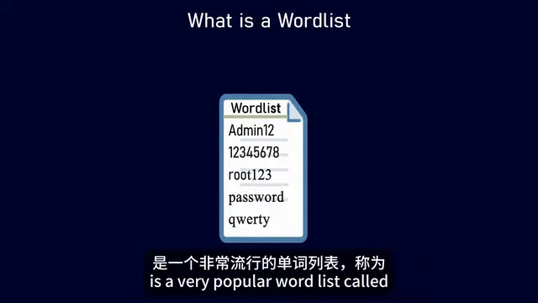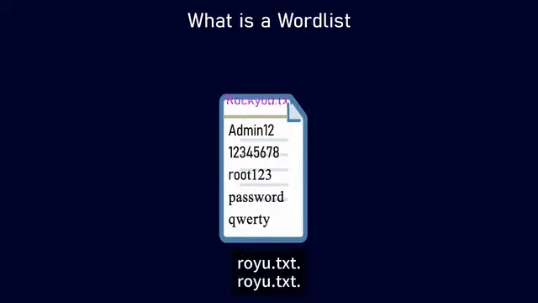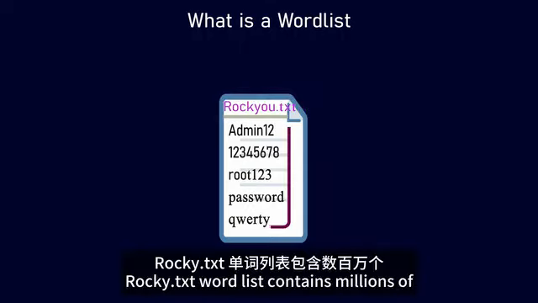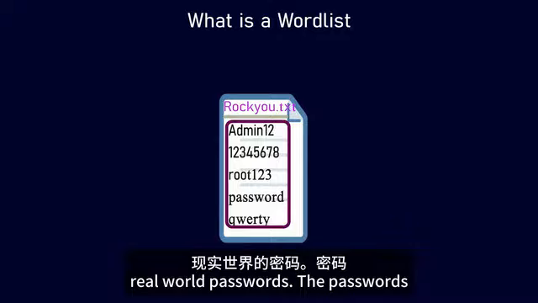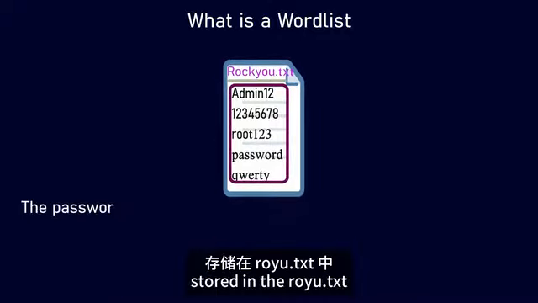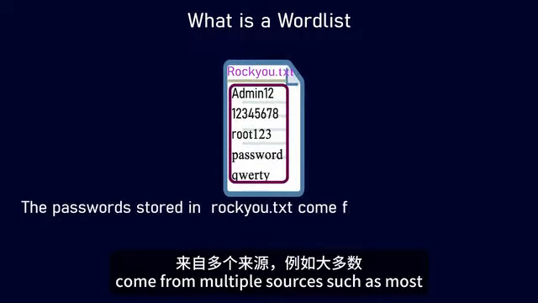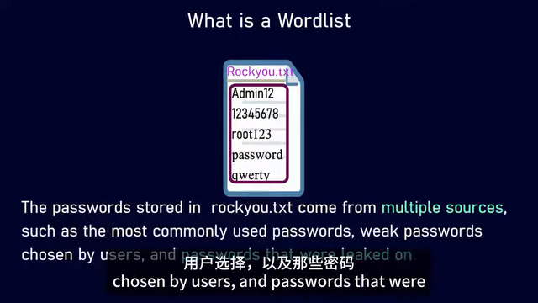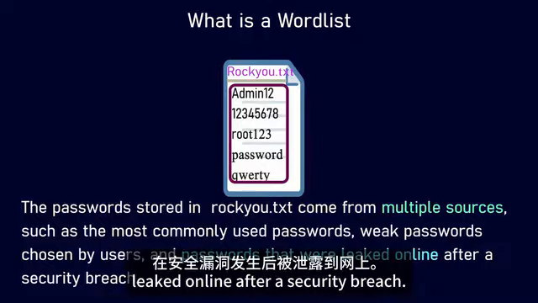There is a very popular word list called rockyou.txt. The rockyou.txt word list contains millions of real-world passwords. The passwords stored in rockyou.txt come from multiple sources, such as most commonly used passwords, weak passwords chosen by users, and passwords that were leaked online after a security breach.